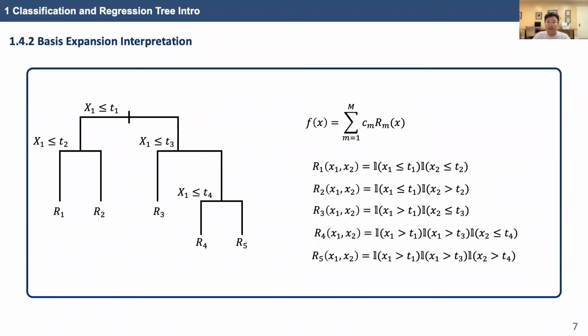For instance, the split at the top of this tree results in two large branches. The left-hand branch corresponds to x1 smaller than t1, and the right-hand branch corresponds to x1 larger than t1. So the tree has 4 internal nodes and 5 terminal nodes, or leaves. The number in each leaf is the mean of the response for the observations that fall there.